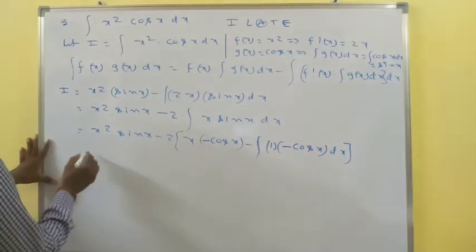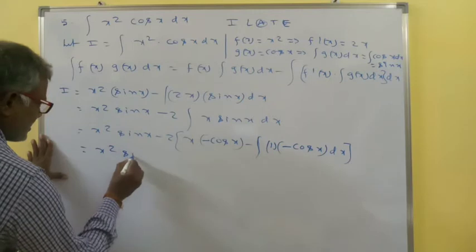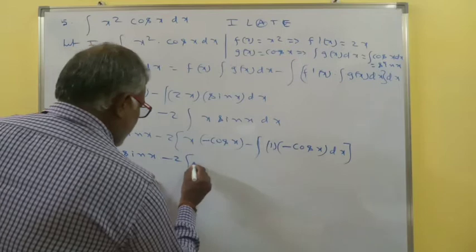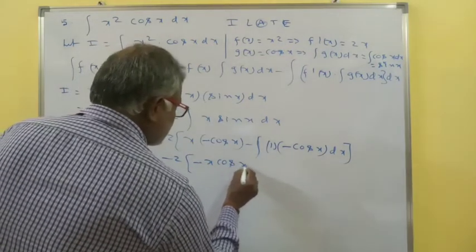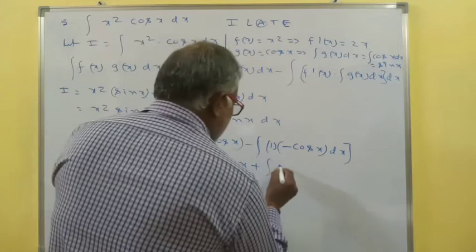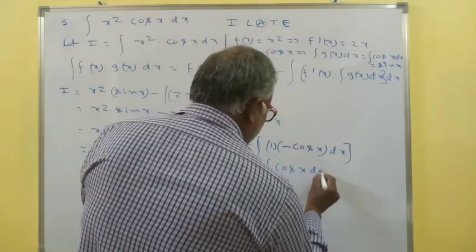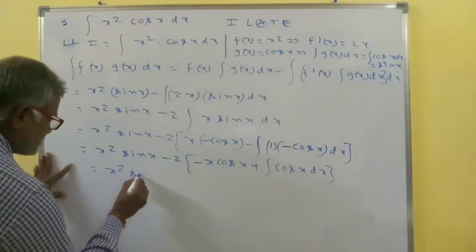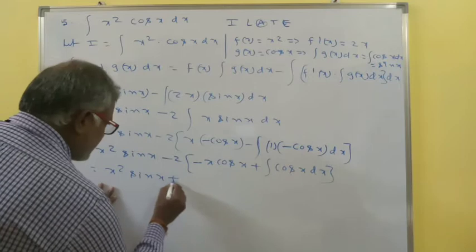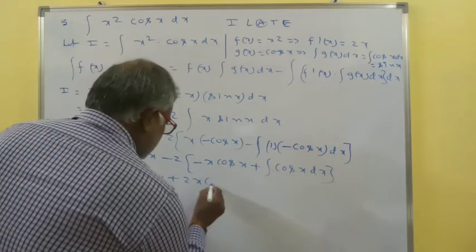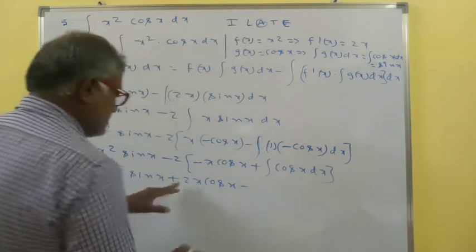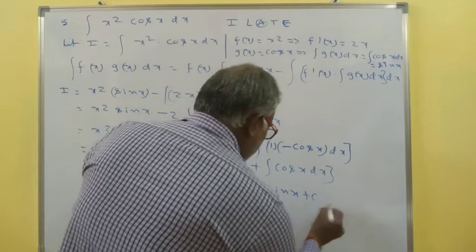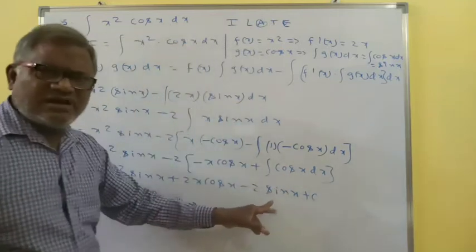So finally you see x square sin x minus 2 into minus x cos x plus integral cos x dx. So x square sin x plus 2x cos x minus 2 into sin x, since for cos x the integral value is sin x.